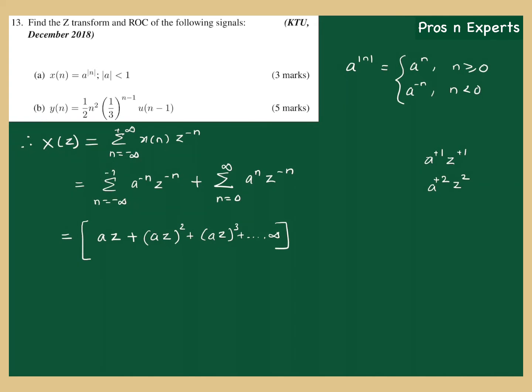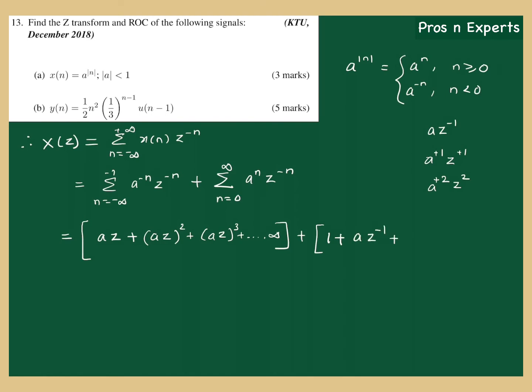Okay, and now coming to expanding the second sigma term, it starts with n equal to 0. So substituting a raised to 0 into z raised to minus 0, you will get it as 1. Anything raised to 0 is 1. Plus now n equal to 1. N equal to 1 means you are getting a into z raised to minus 1, so you can write a into z raised to minus 1.